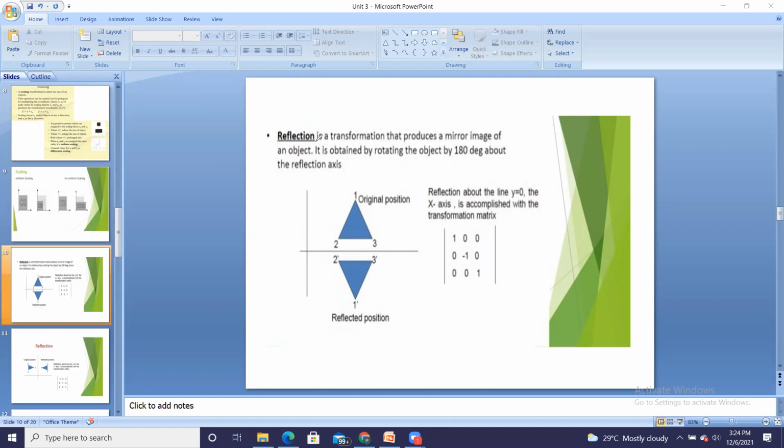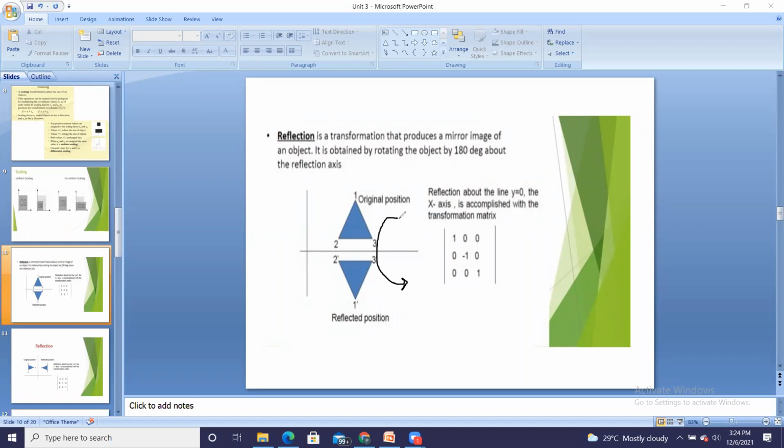So let us see the definition of reflection. Reflection is a transformation that produces a mirror image of an object. It is obtained by rotating the object by 180 degree about the reflection axis. So 180 degree means it will start performing the rotation and it will rotate the object and come over here.